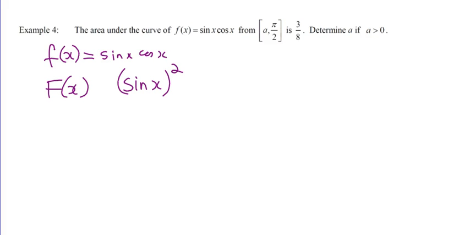Half of that, right? Okay, so the derivative of sine squared x is 2 sine x cos x, right? So we're going to take a half of that. Like, how do we get this sine x cos x? Well, sine squared x, right? So 2 times sine x times the derivative of the inner, which is cos x. But we want just a 1 there, so we put a half in front. Okay? Plus c.